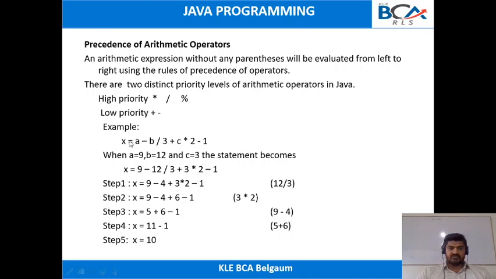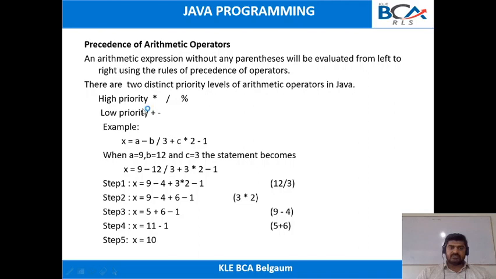Here we have x equal to a minus b divided by 3 plus c into 3 minus 1, where a equals 9, b equals 12 and c equals 3. We'll try to evaluate this expression.